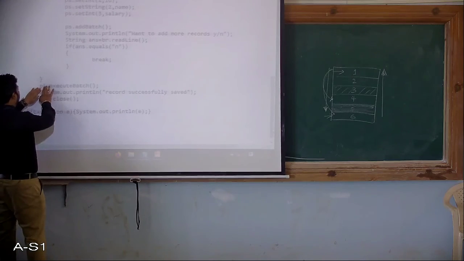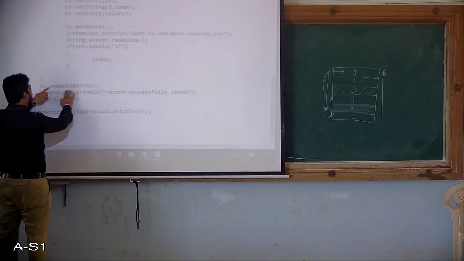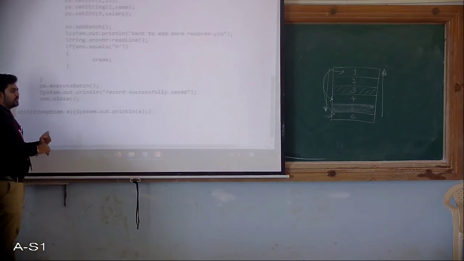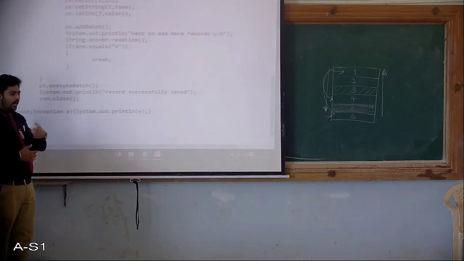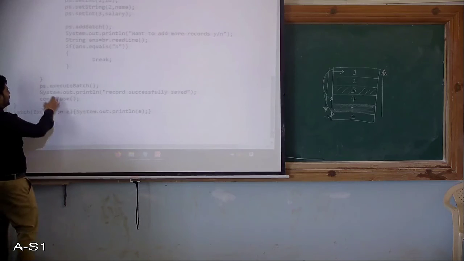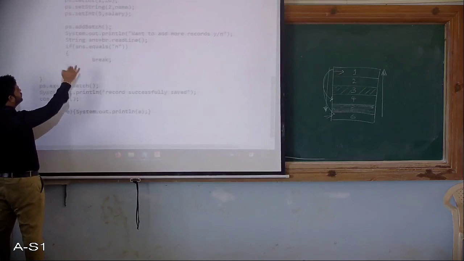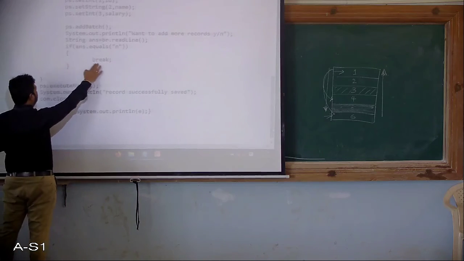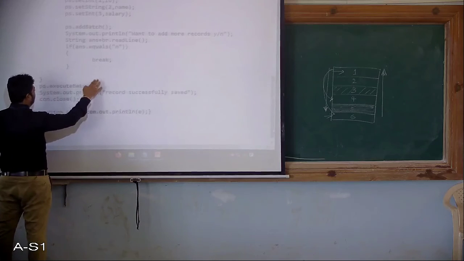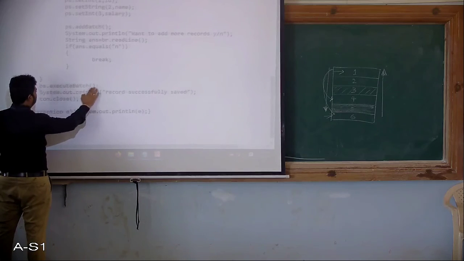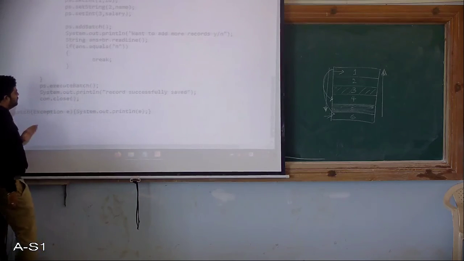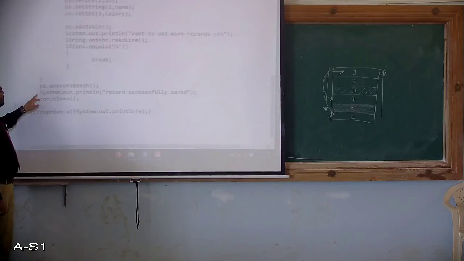Then we have ps, the PreparedStatement, dot executeBatch. Instead of executeQuery or executeUpdate, we are using executeBatch. However many values the user has entered, that has been taken care of here. Those many queries will get executed at one stretch using the executeBatch method.